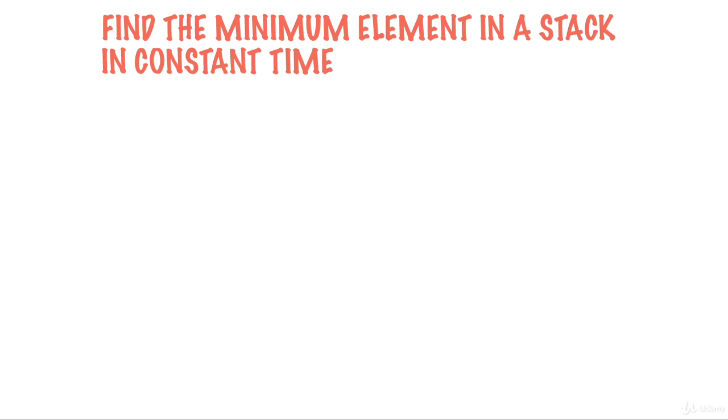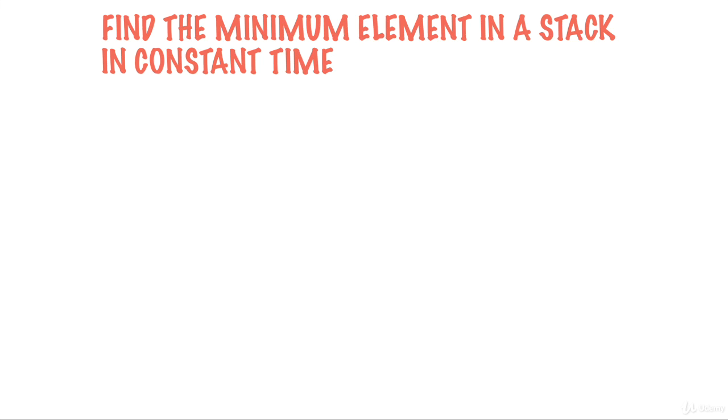This is order of n. For every get minimum call, you'd have to basically iterate through all the elements in the stack. We want to improve on this and get the minimum in constant time.